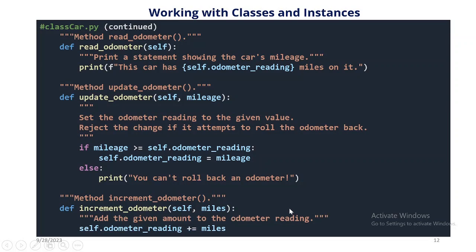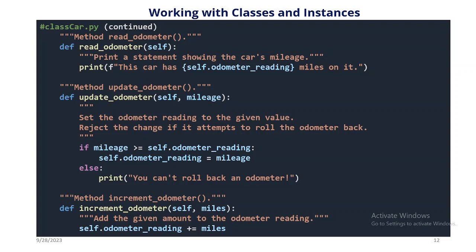So we just say self.odometer_reading, which is the previous value that was there, add it to the current miles being added by this method. And that's generally what a car does. The car keeps adding mileage. The moment you turn on the engine and start driving, it keeps adding mileage to the odometer reading. The downside is it may not be the exact miles that you traveled.